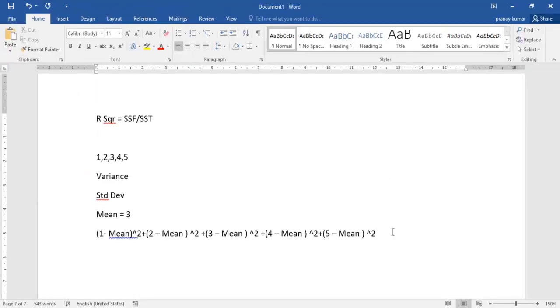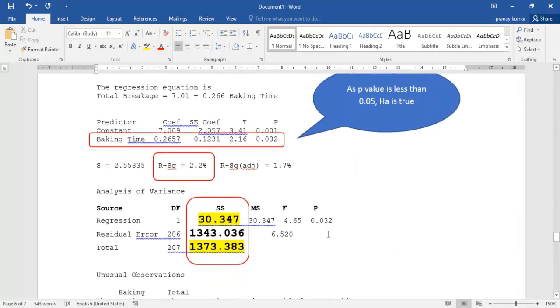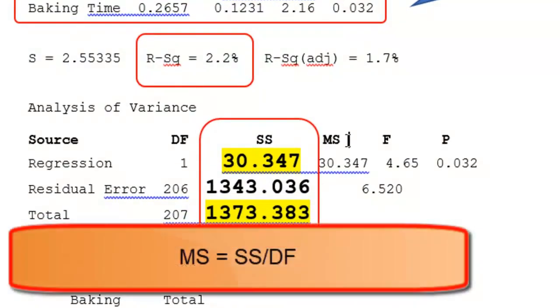So sum of square divided by n minus 1 is my variance. यहाँ पे भी जो वैल्यू निकल के आ रही है, it is absolutely good to know information. It is not a need to know information. ये जो MS निकल के आ रहा है, MS is nothing but your variance, sum of square divided by degree of freedom.